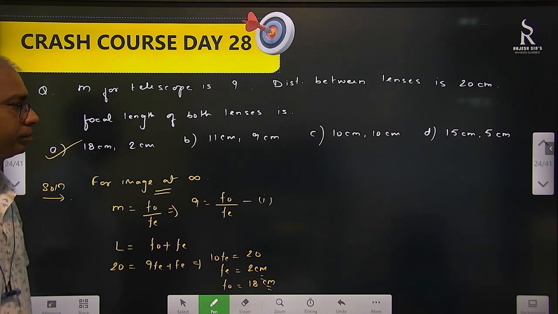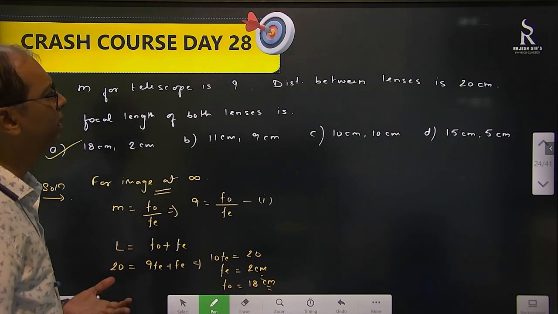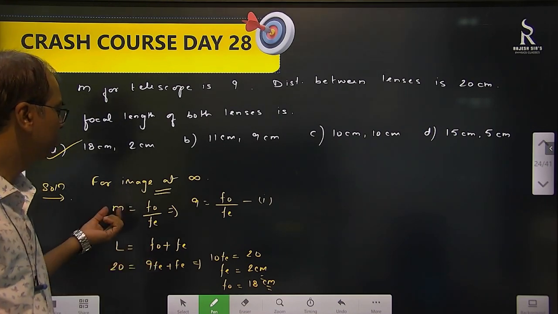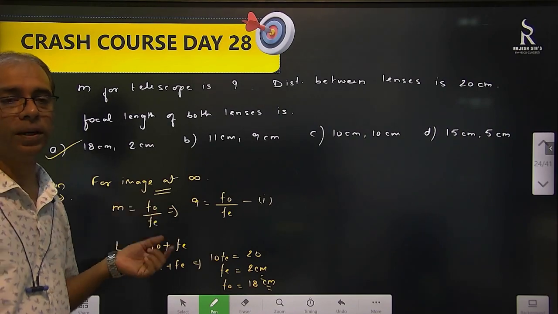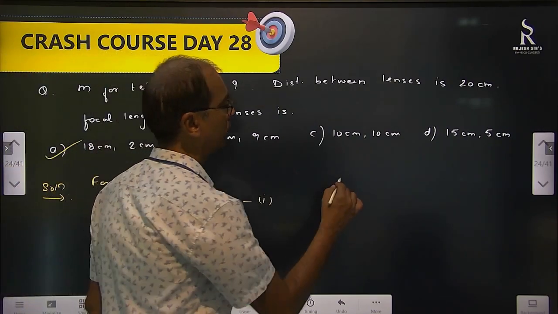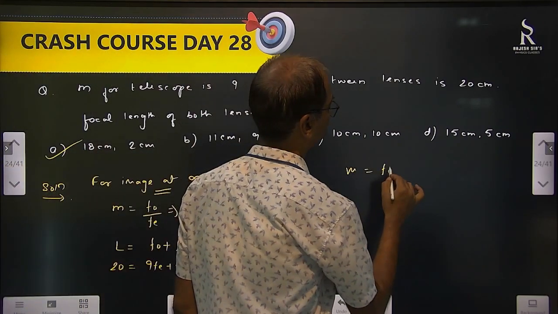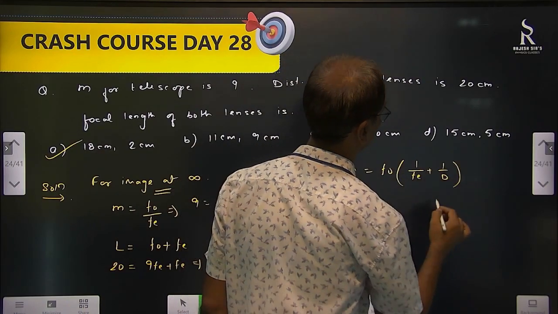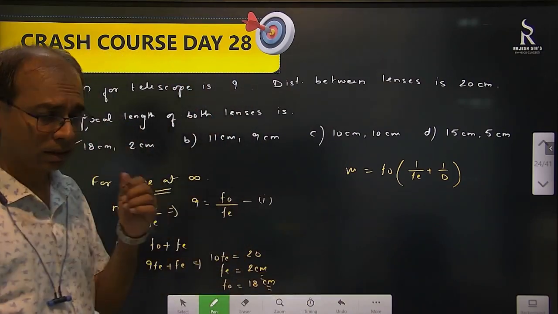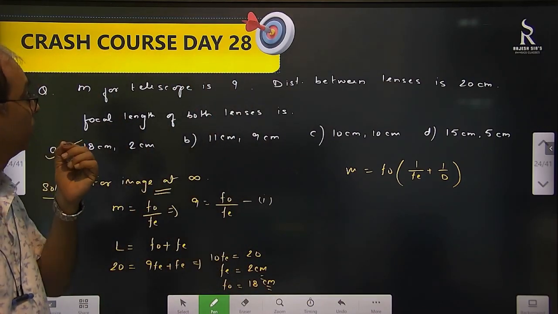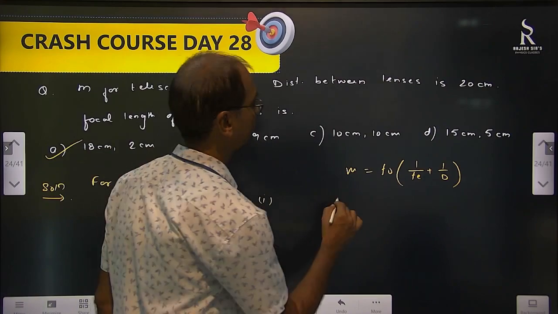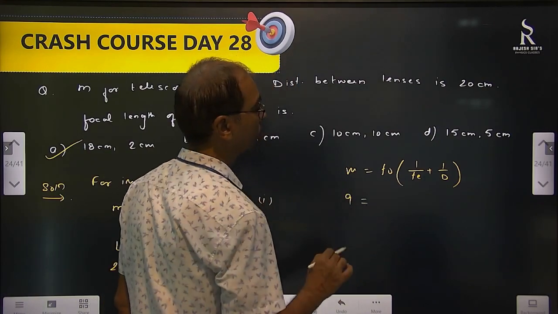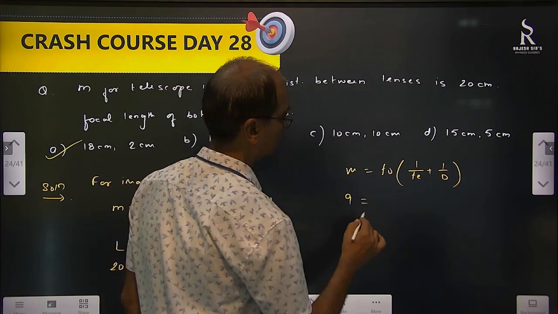Can we find the other case? Because in the other case, what will happen? Your M will become FO into 1 by FE plus 1 by D. Let's check, can we do that also? So magnification is given 9. Is FO given? No. Is FE given?